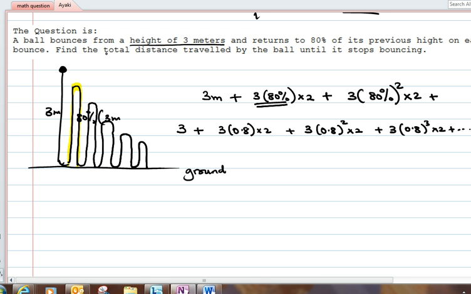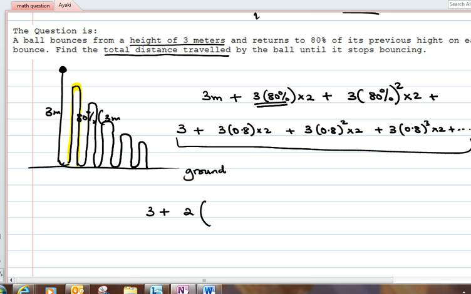Now the question is to find the total distance traveled by the ball. So what we are looking for here is the sum of this series, which we can simply rewrite as 3 plus 2 times the bracket of 3 times 0.8 plus 3 times 0.8 squared plus 3 times 0.8 cubed, and that continues indefinitely.